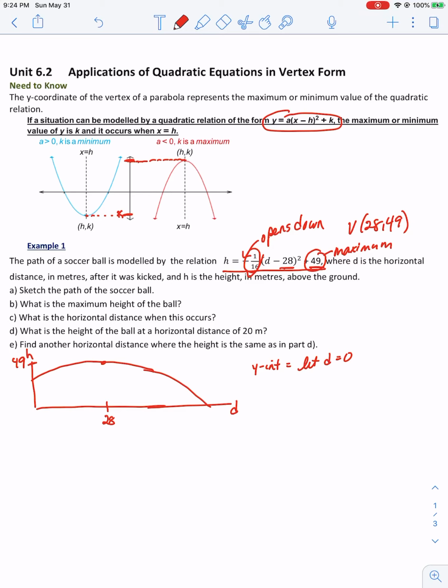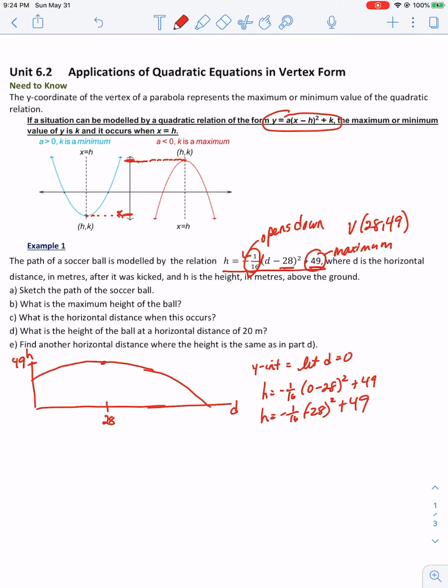And so if we let d equal 0, then h is going to be negative 1/16 (0 minus 28) squared plus 49. And so h equals negative 1/16 times negative 28 squared plus 49.